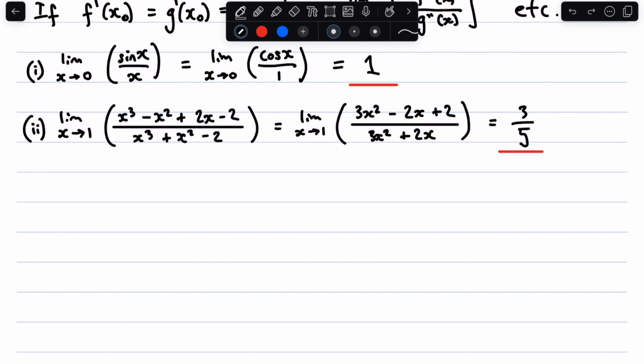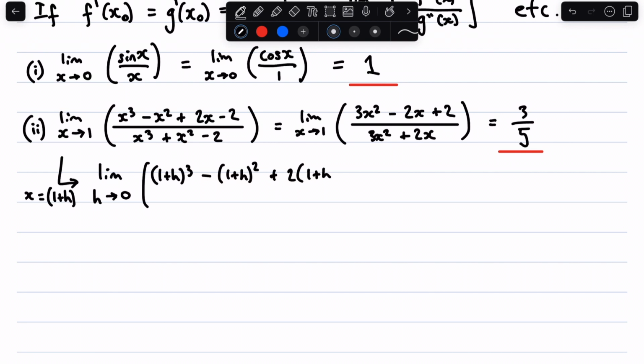So to clarify that, this will become the limit as h tends to 0, where we've taken x to equal 1 plus h, of the function (1 plus h) cubed minus (1 plus h) squared plus 2 times (1 plus h) minus 2, all divided by (1 plus h) cubed plus (1 plus h) squared minus 2.